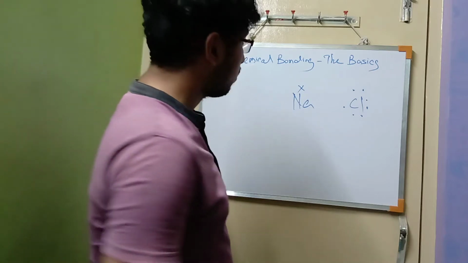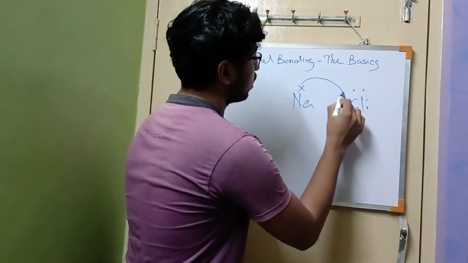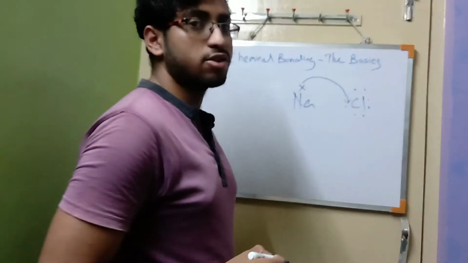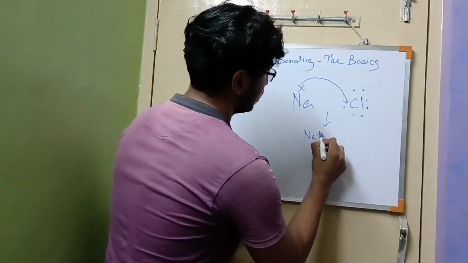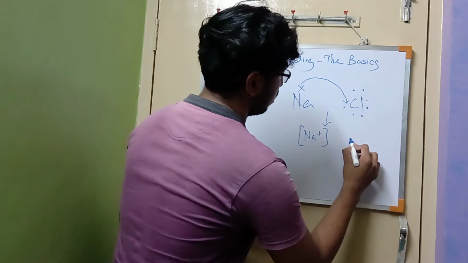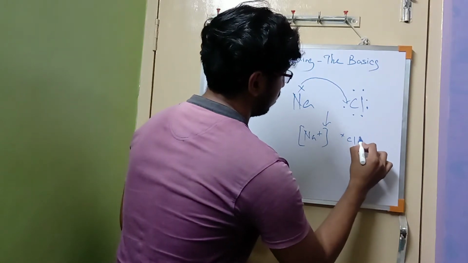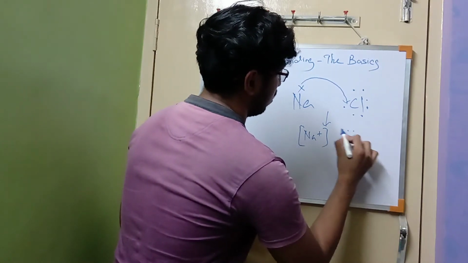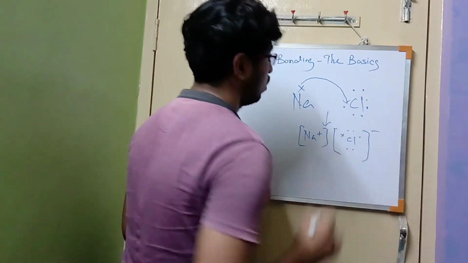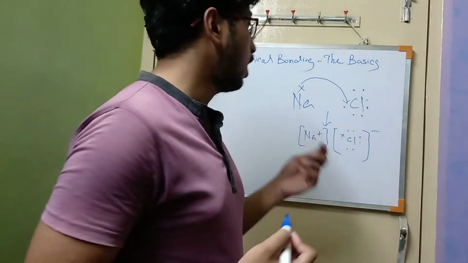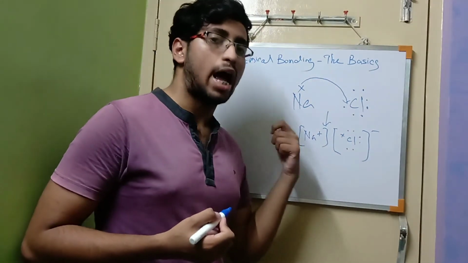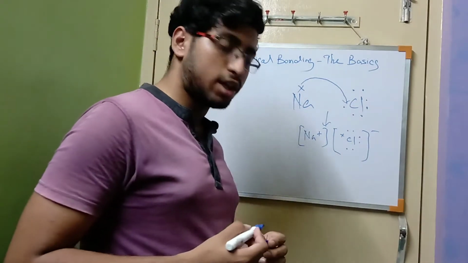So what is happening is this electron from sodium is transferred to chlorine, and now Na+ and Cl- are formed. So both acquire the octet configuration in the outermost shell, and now they are fully ready to make an ionic bond. So that is the formation of ionic bond.